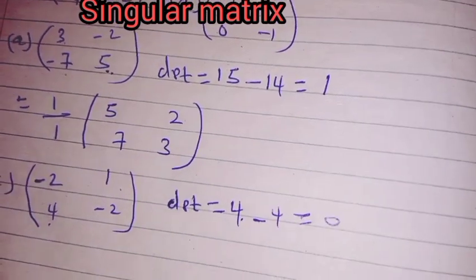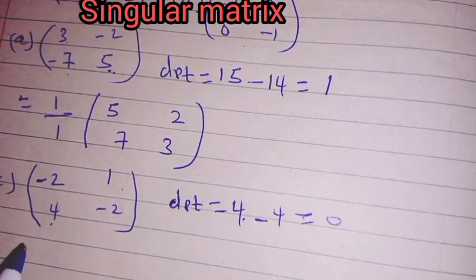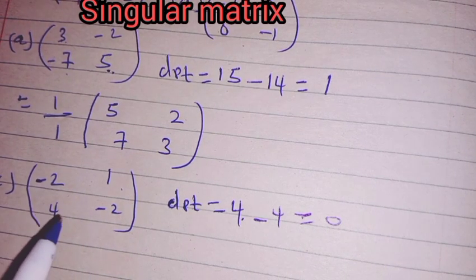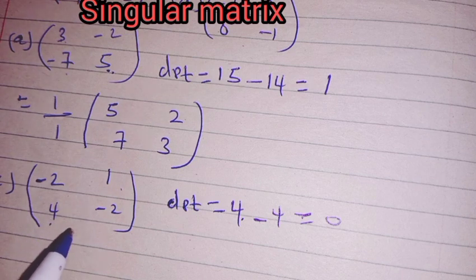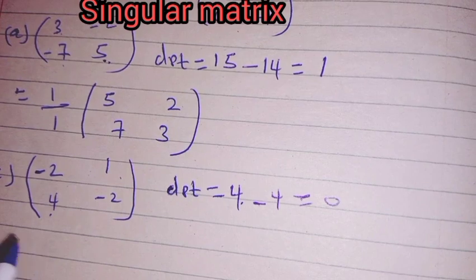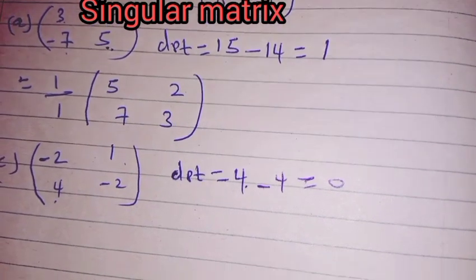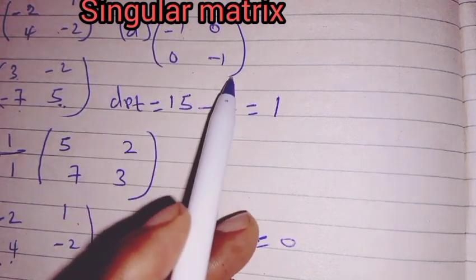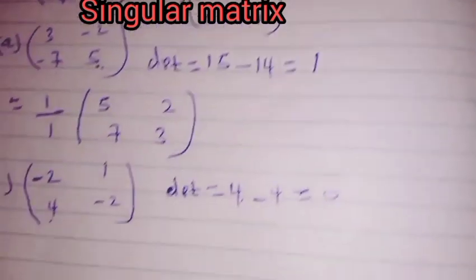So the determinant is the product of the main diagonal minus the product of the other diagonal. In this case, our determinant is 0. So the matrix has no inverse, since we know that the reciprocal of 0 does not exist. It is not defined.